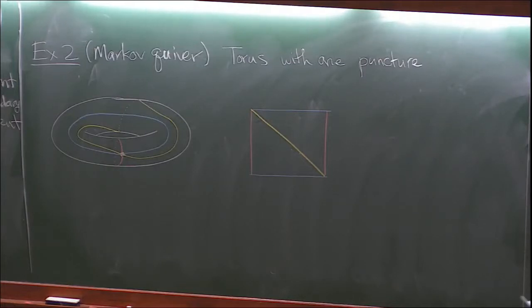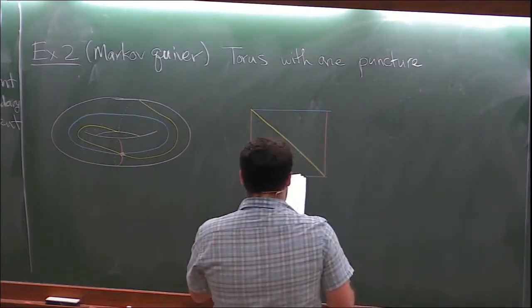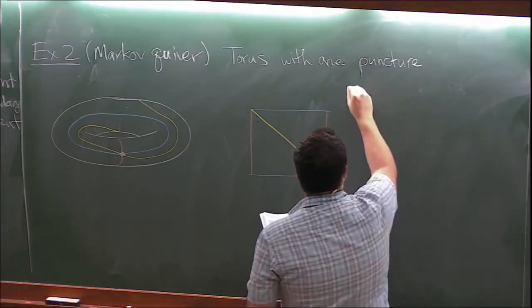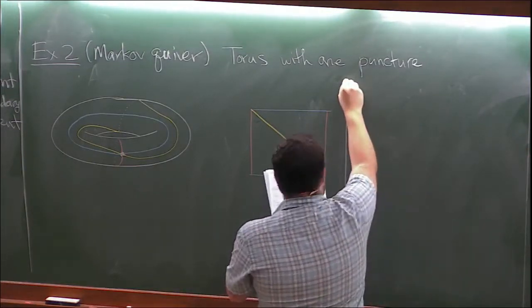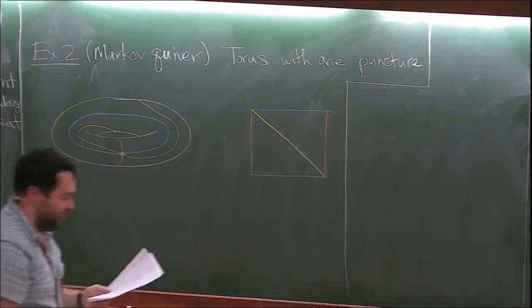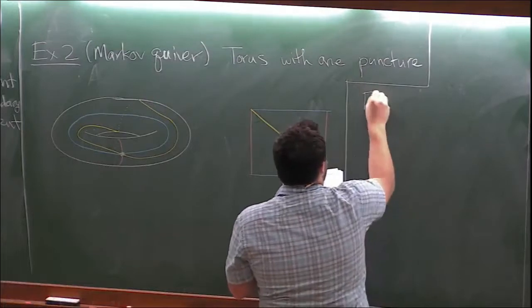So this is this dreaded torus. Maybe I will try to draw it here, because I'm going to leave this up and I don't want to take all the board space.